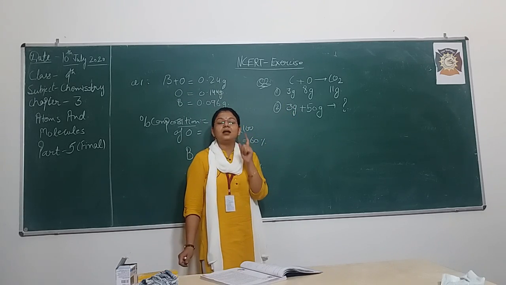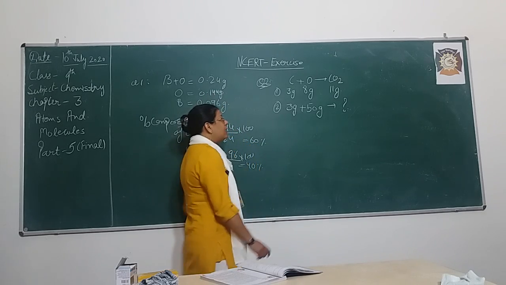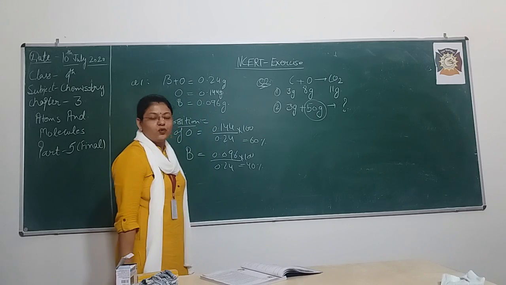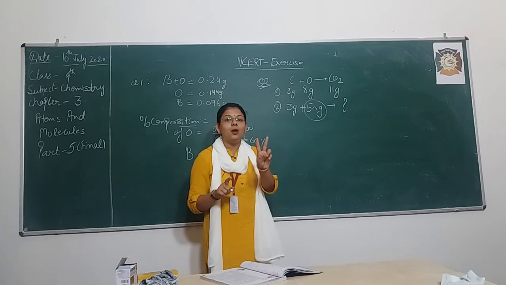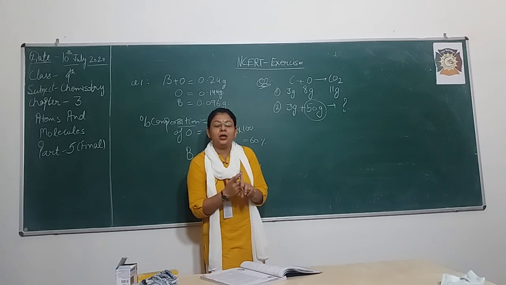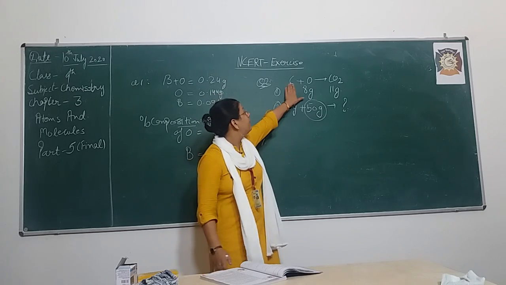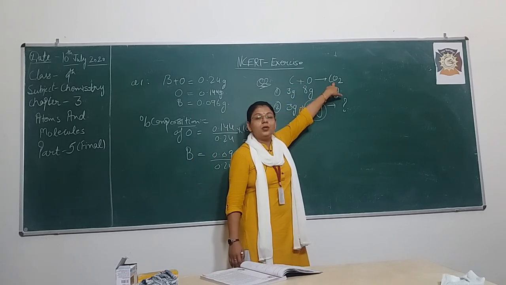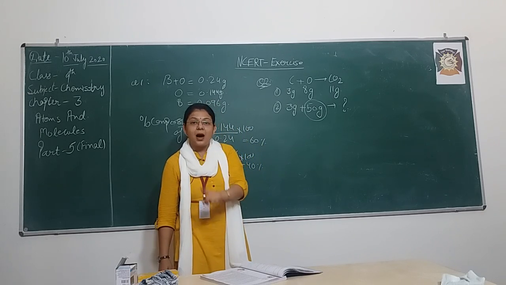So beta, this is a conceptual question, and a little bit tricky one. Here the whole 50 gram is of no use, because of the law of chemical combination, the second law, the law of constant proportion. What did we study? We studied that the elements which react to produce a particular compound are in fixed proportion by mass.